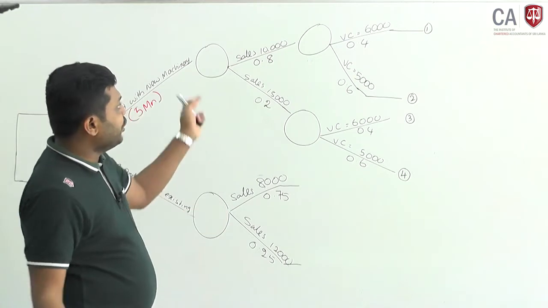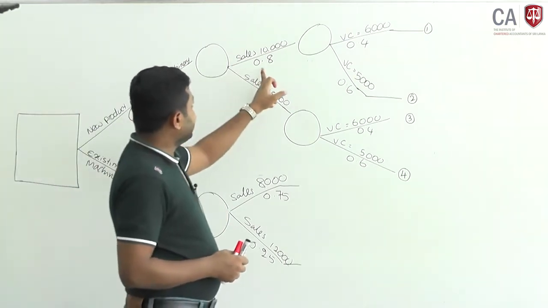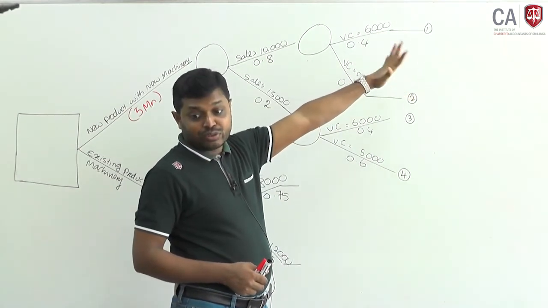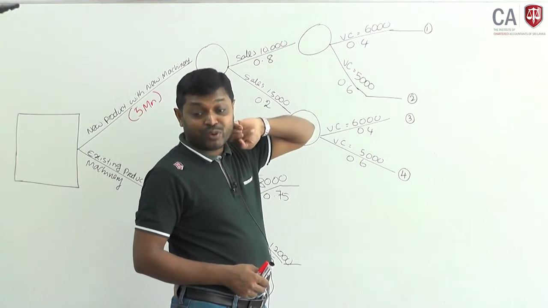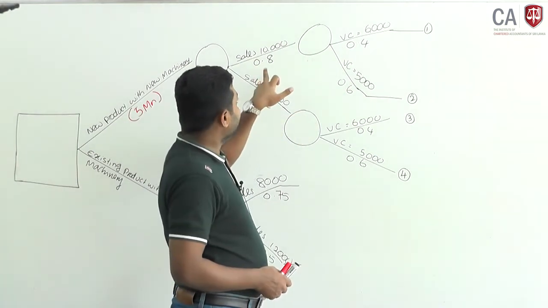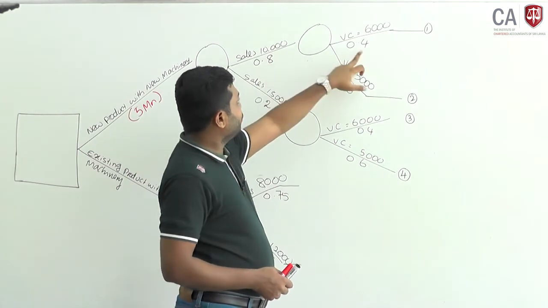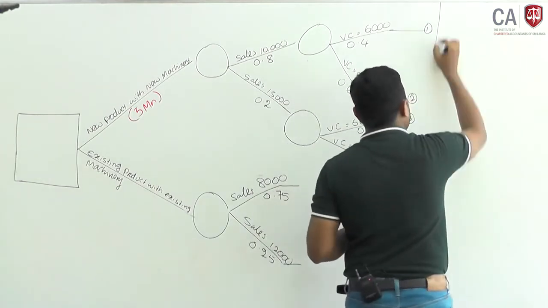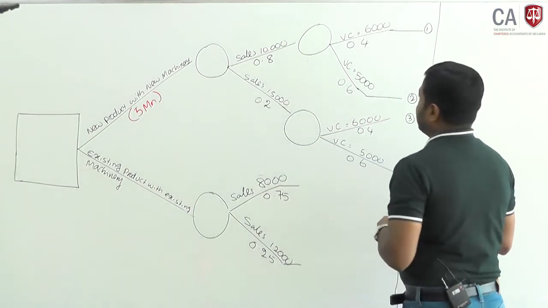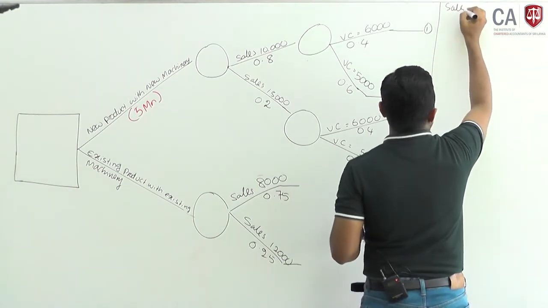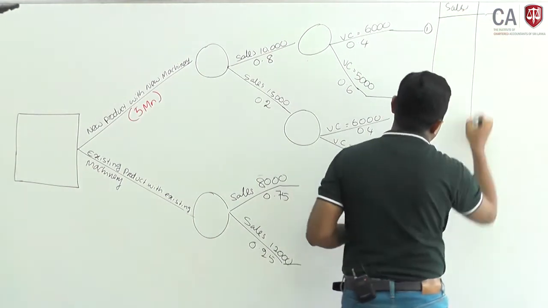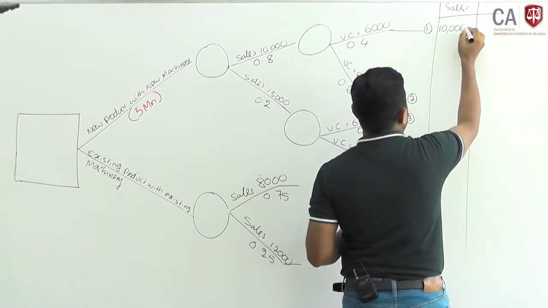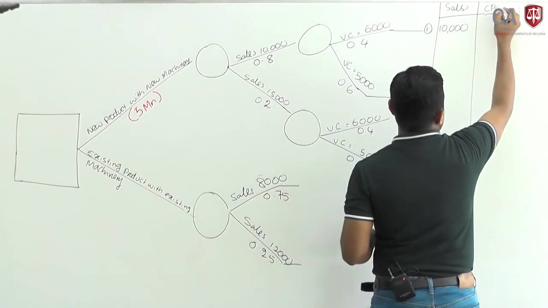How to evaluate this kind of situation? Sales will be 10,000, variable cost will be 6,000, your selling price is 10,000 rupees, so contribution will be 4,000 per unit. Then take the joint probability.